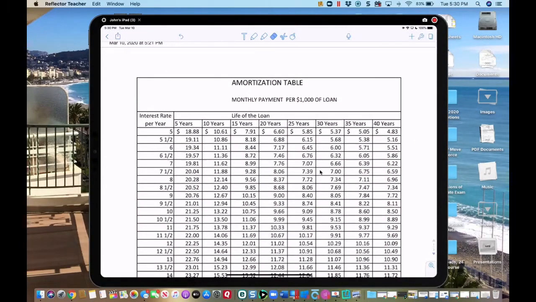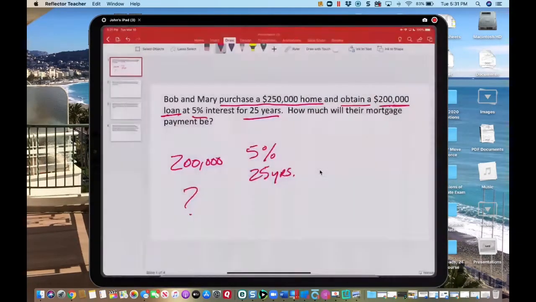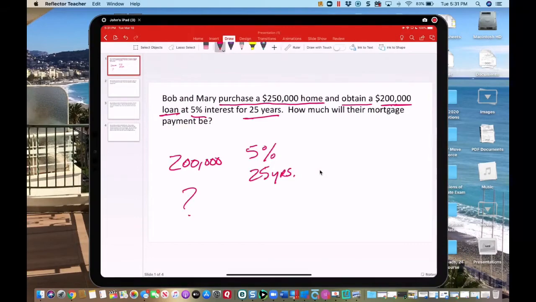What was the interest rate? 5%. There we go. Probably should highlight that. Let's do that. 5%, and it was for 25 years, right? 585. Let's just double check everything, make sure that's right. It's 5% interest for 25 years.